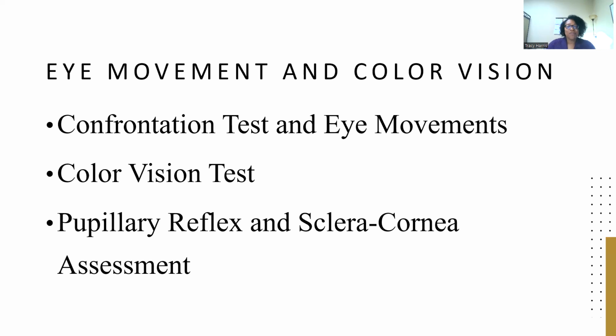Now, confrontation test and eye movements. So the confrontation test allows us, as nurses, when we perform it, to assess the peripheral vision of the client and compare it to the nurse's vision. You're going to evaluate the eye movements in the 6 cardinal positions.